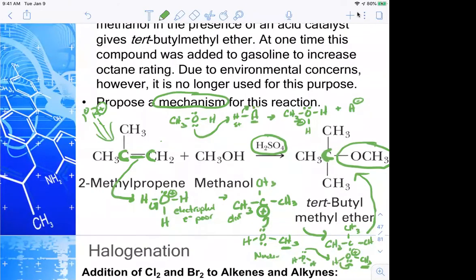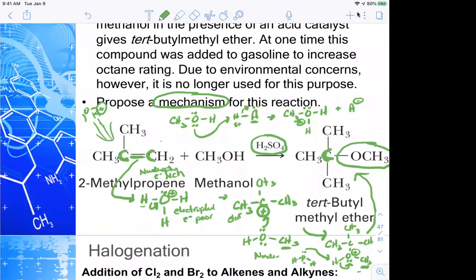I'm going to protonate the alcohol first to form that initial electrophile. Then my double bond electrons are coming out, acting as the nucleophile, because it's electron rich, and it's going to attack that hydrogen. That's going to give me the tertiary carbocation, which then forms a new covalent bond by the reaction of a nucleophile and an electrophile.